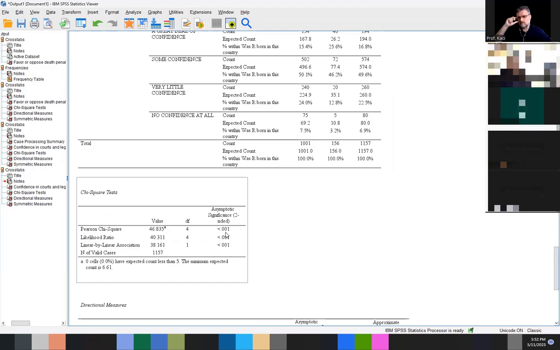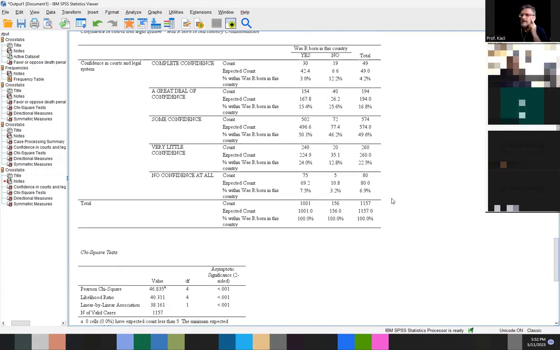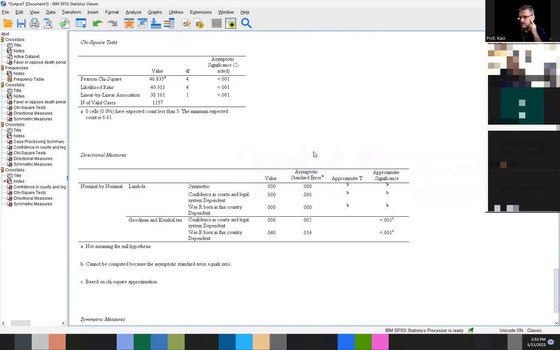Therefore, we again reject the null hypothesis and accept the alternative hypothesis, and that shows sufficient evidence of dependence, not independence. They are not independent of each other. They depend on each other. So knowing that somebody was born in this country or not can yield statistically significant results in terms of their opinion and confidence in courts and legal system in the United States.